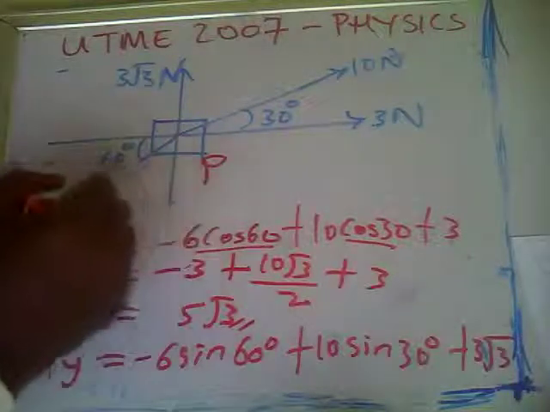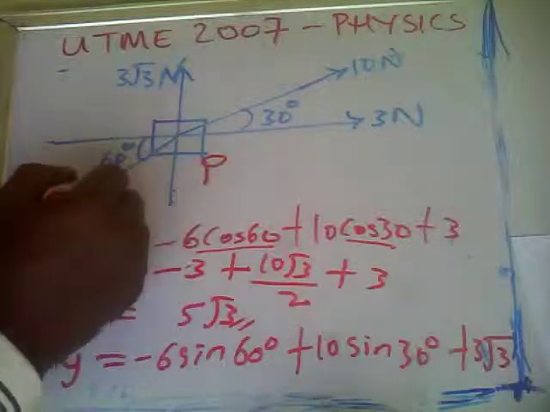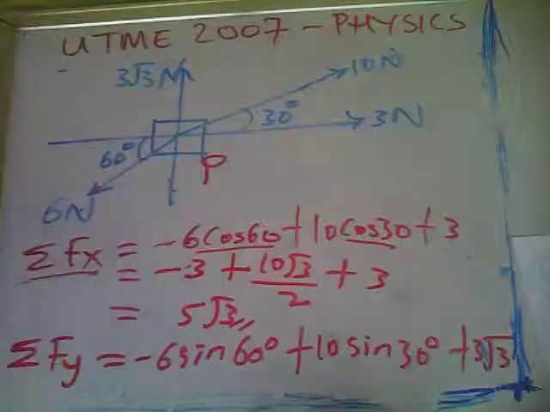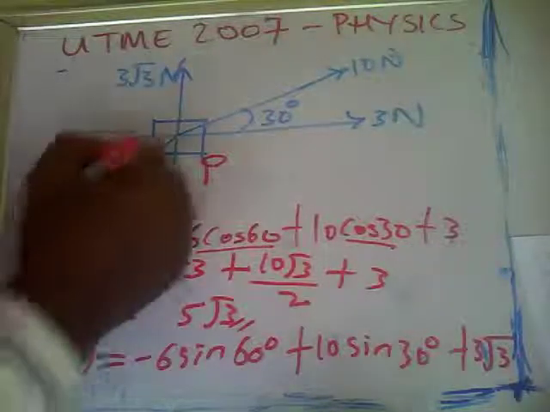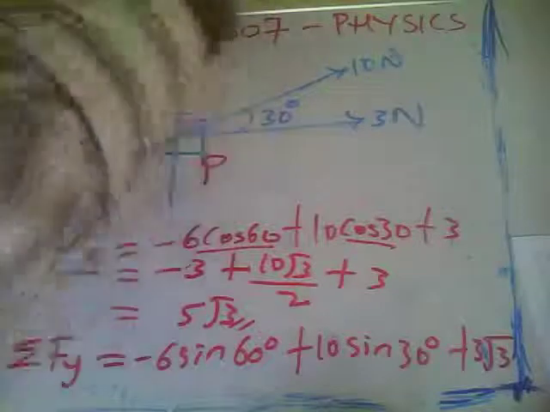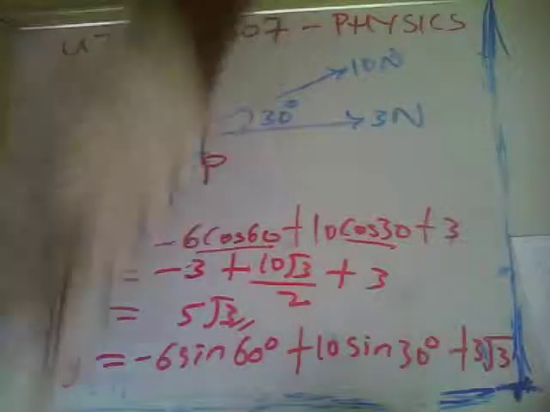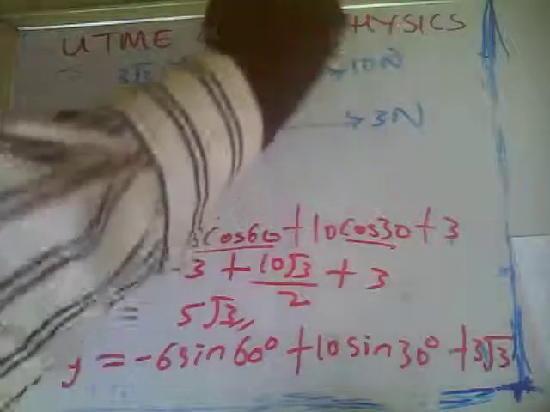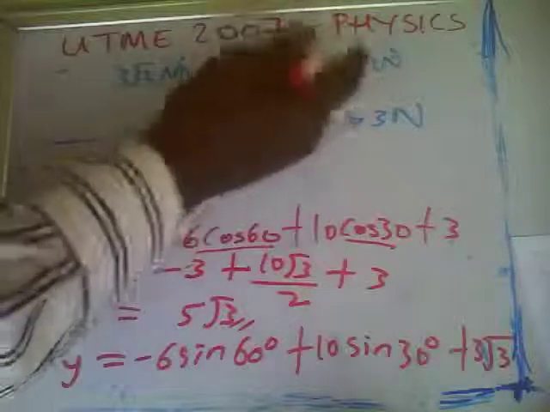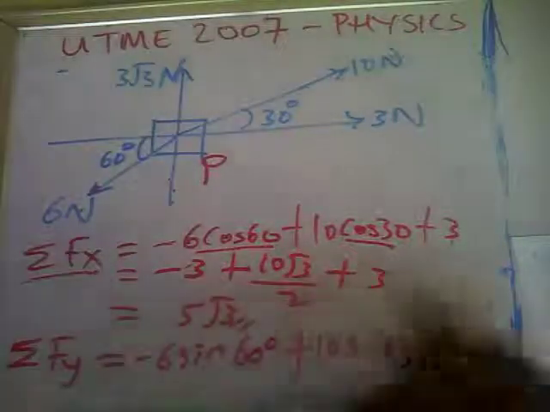That's going to be minus 6 cos 30 or minus 6 sine 60. They are equal. Sine 30 and cos 60 are equal, but minus in the sense that this is below the x-axis, in the negative y region. These are in the positive y region. So that's going to be plus 3 root 3, then plus 10 sine 30 or 10 cos 60. So that's how we got the vertical component.